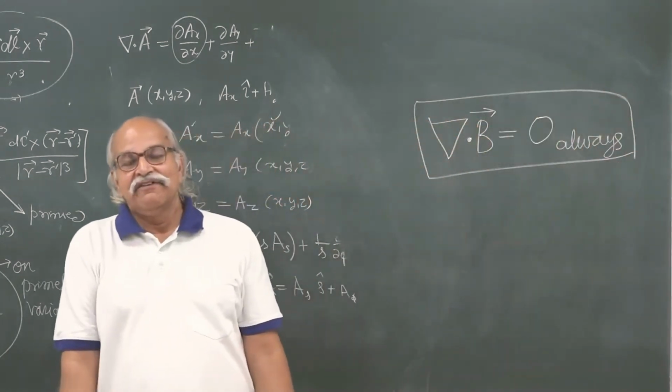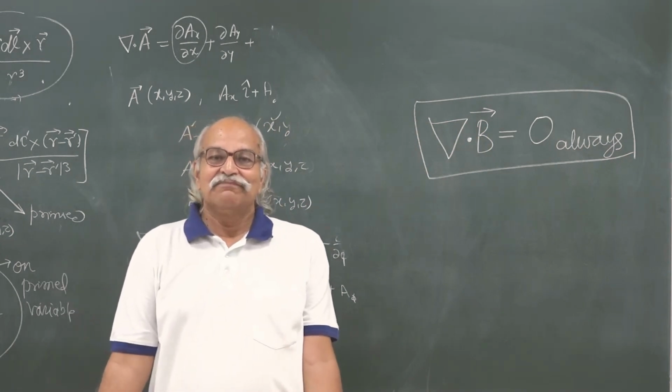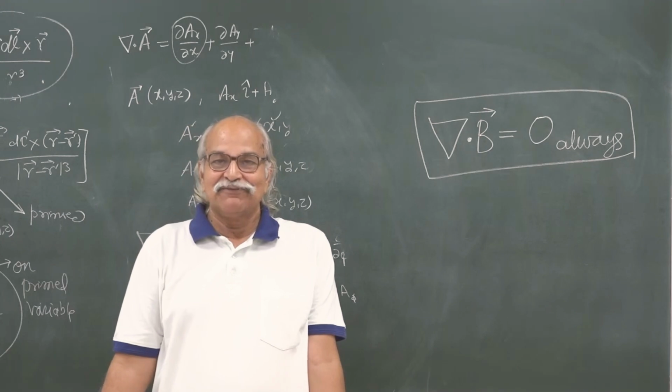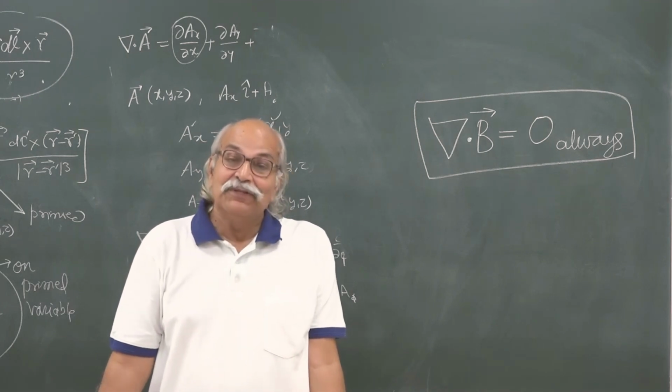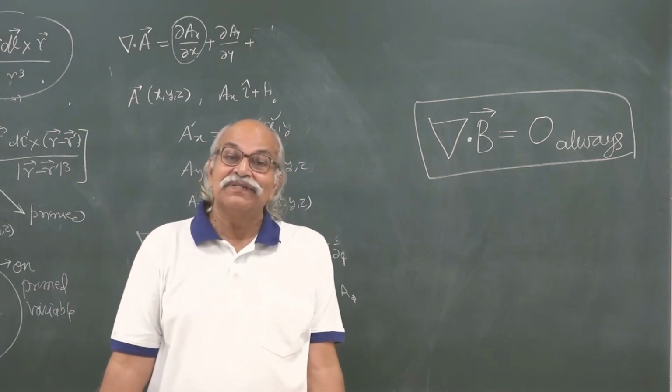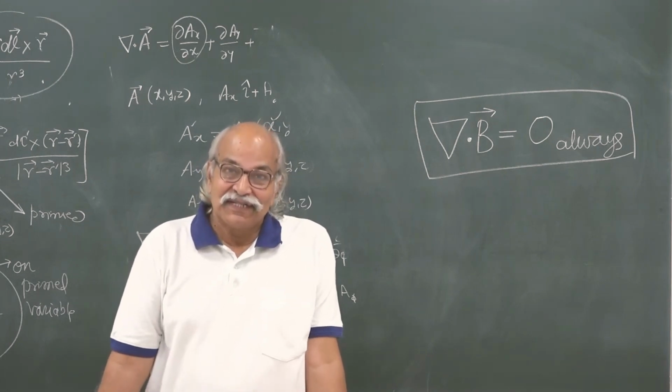This is one of the very fundamental laws of physics, one of the 4 Maxwell's equations for electromagnetic fields: divergence of B is always 0, no matter how you have produced that magnetic field, what kind of current distributions are involved, and so on.